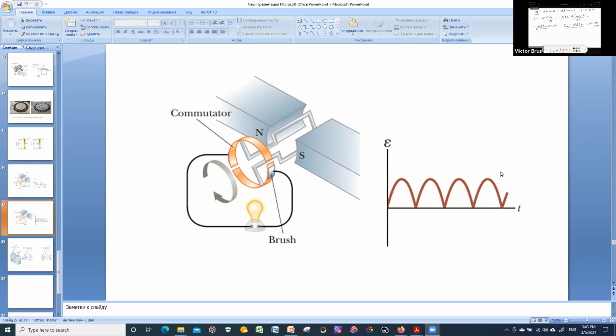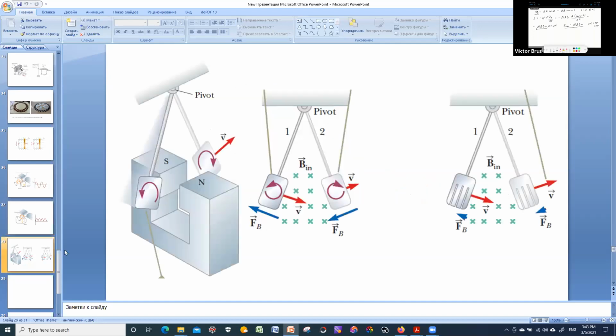So next practical application, in general, is an effect caused by Faraday's law, called eddy or circulating currents. Let me show you.